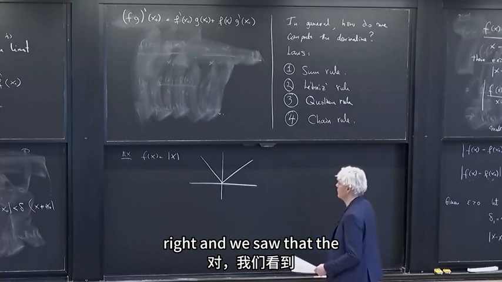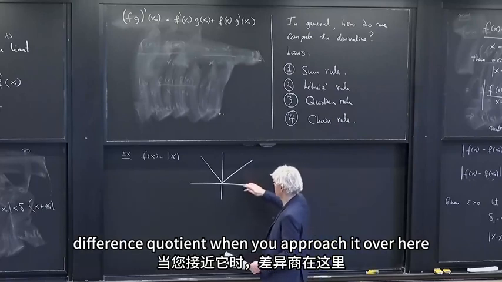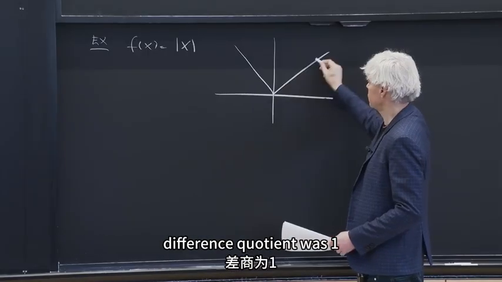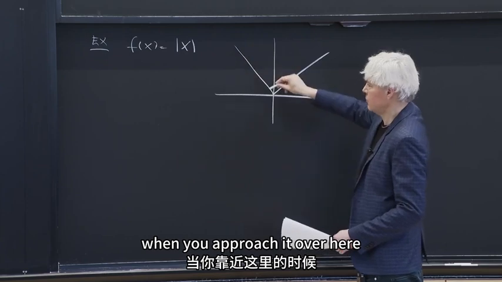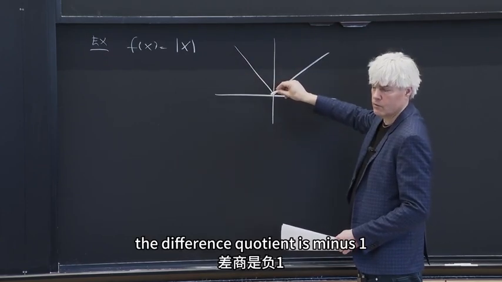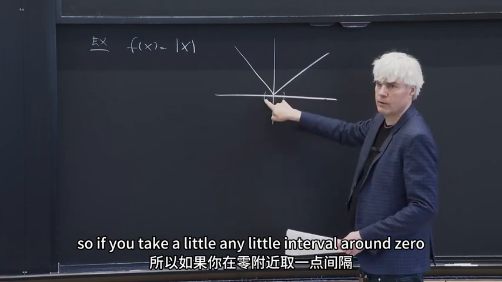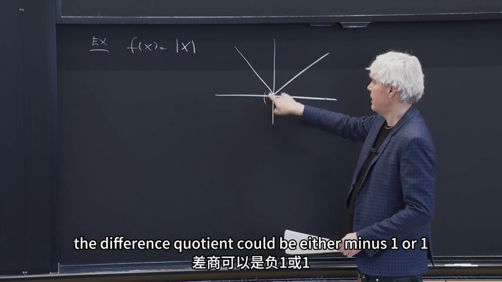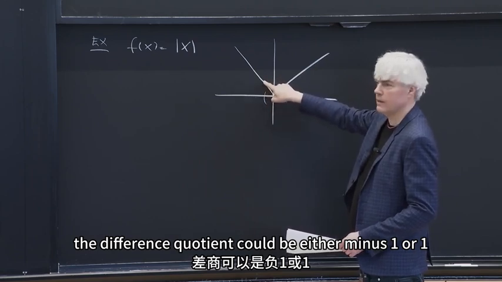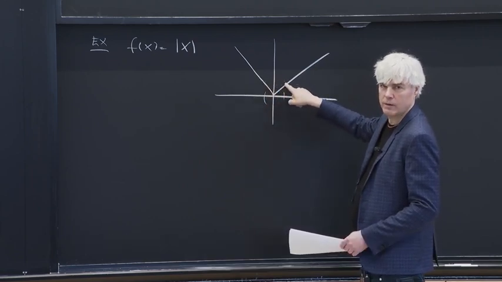And we saw that the difference quotient, when you approach from over here, was 1. When you approach from over here, the difference quotient is -1. So if you take any little interval around 0, then the difference quotient could be either -1 or 1, right?